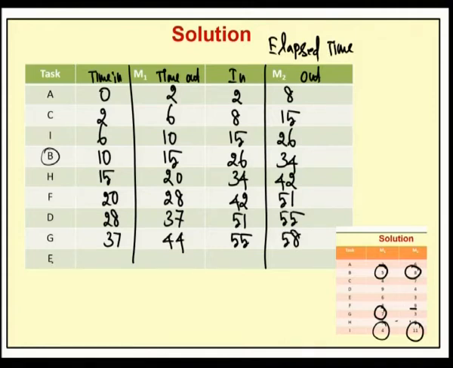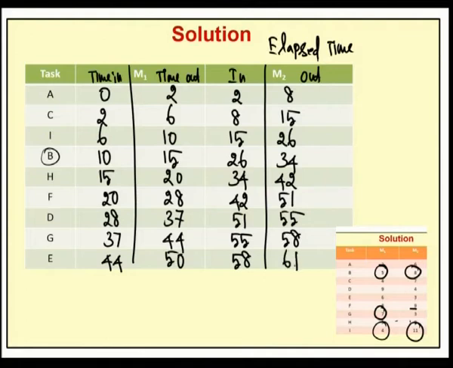Now for the final task E, the starting time is 44 and for E under machine 1 the processing time is 6. So 44 plus 6, 50. Now for machine 2, the starting time is 58. Under the task E, the processing time is 3. So 58 plus 3, 61.